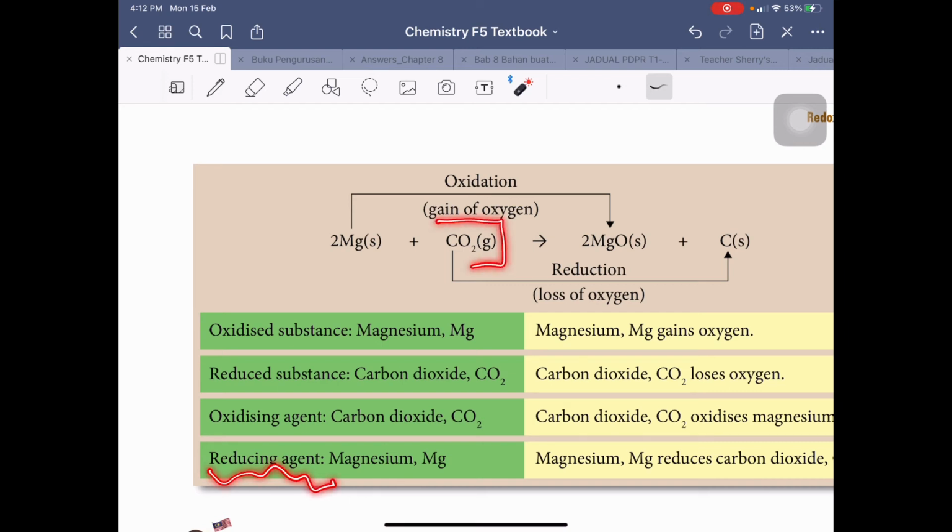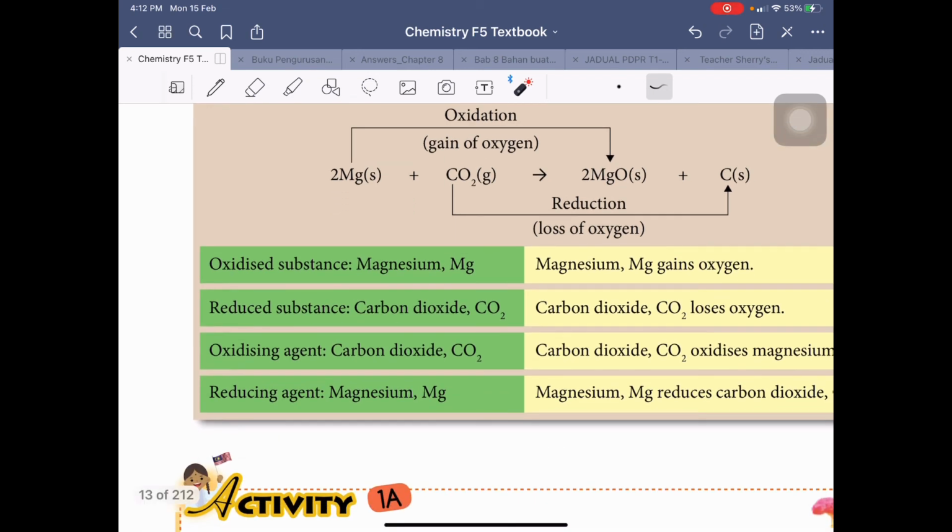Kalau dia mengalami reduction, if it undergoes reduction, that reactant is oxidizing agent. Terbalik di sana, if it undergoes oxidation, dia reducing agent. Kalau dia undergo reduction, dia oxidizing agent. Okay?